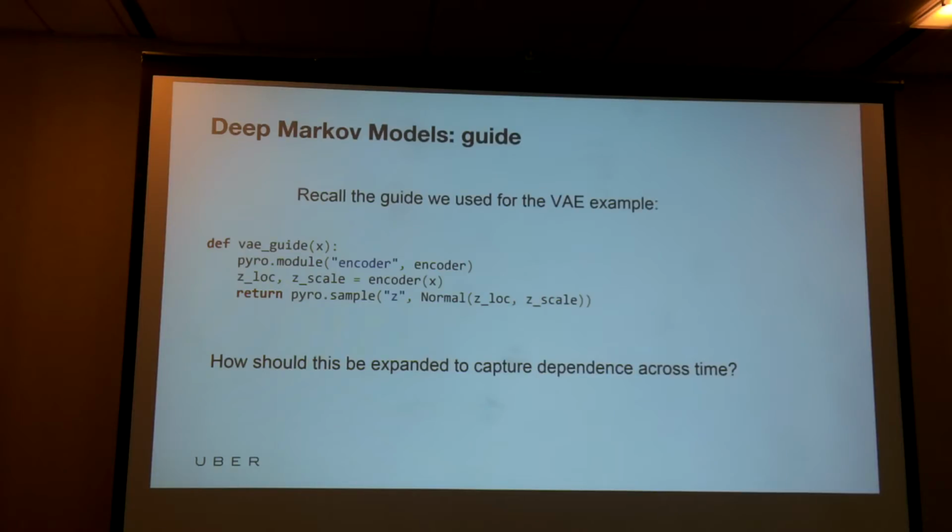All right. So what about the guide then? How should we extend our simple VAE guide to capture dependence across time? We could do the usual thing that we've done, right, and just make everything completely independent. But that seems kind of silly. It's clearly not going to work.